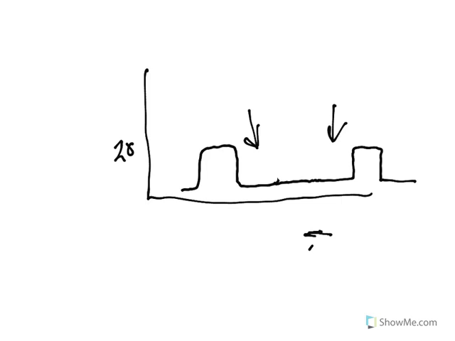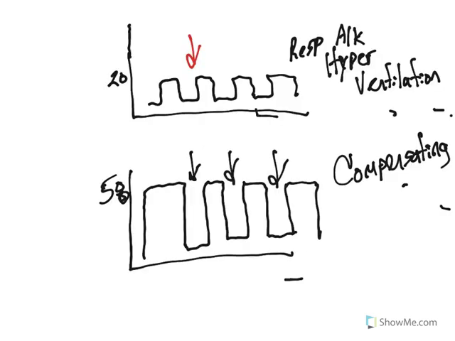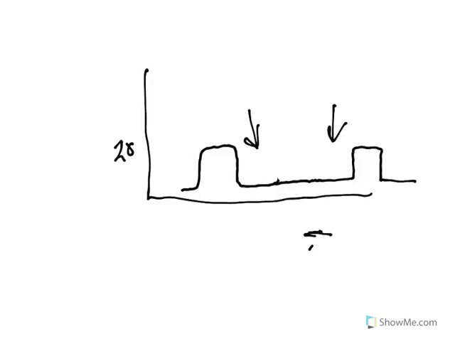And so you have a patient who is in metabolic alkalosis, and so what they're doing is they're decreasing their respiratory rate in order to keep some of that carbon dioxide with them, in the form of carbonic acid. So that patient, again, is compensating.